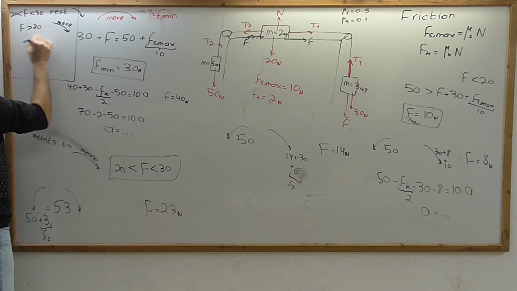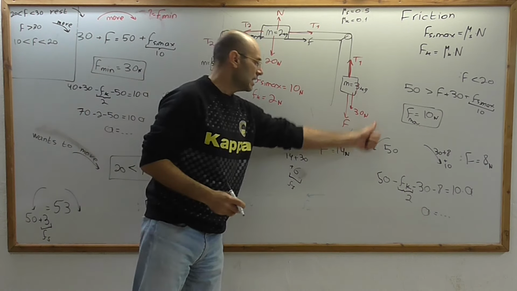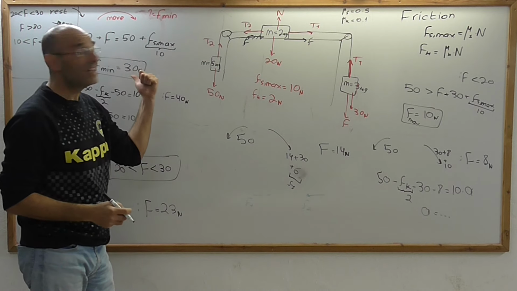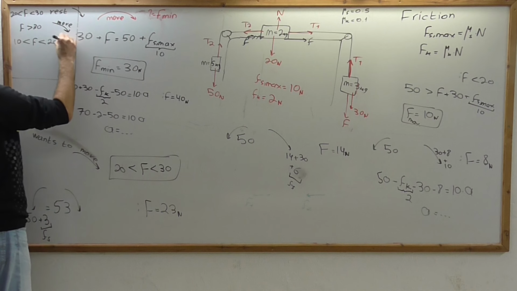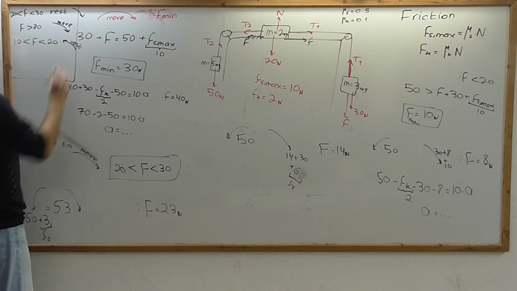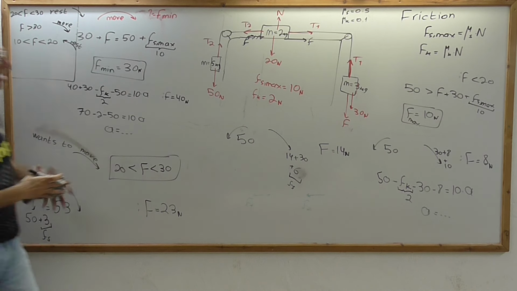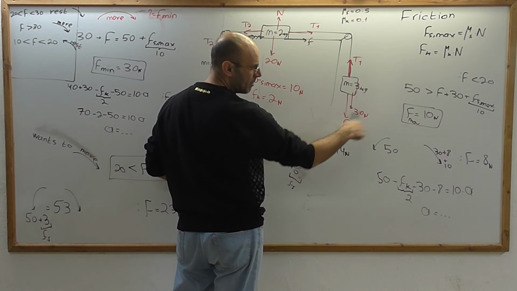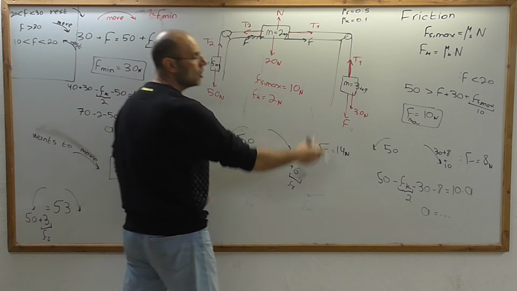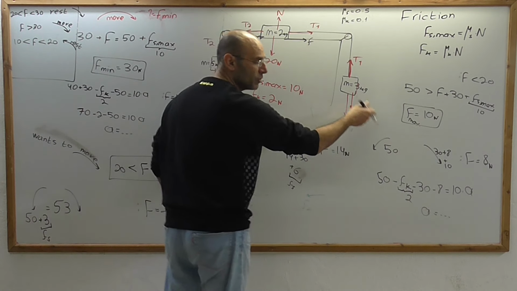If F is between 10 and 20, it will tend to move that way, but it will be at rest. Why? Because if F is between 10 to 20, this number, with 30, will be between 40 to 50.